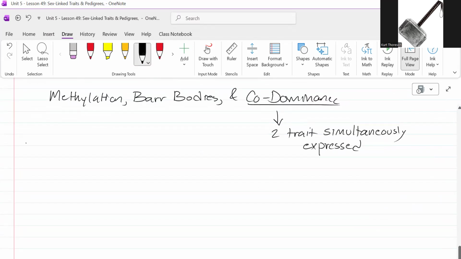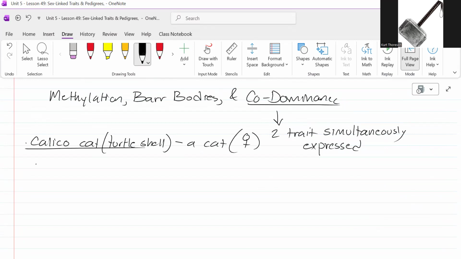Okay, and what I want to talk about here is a calico cat. It's also called a turtle shell. I don't really understand why, but it is what it is. This is a cat, and it has to be a female with orange and black fur.